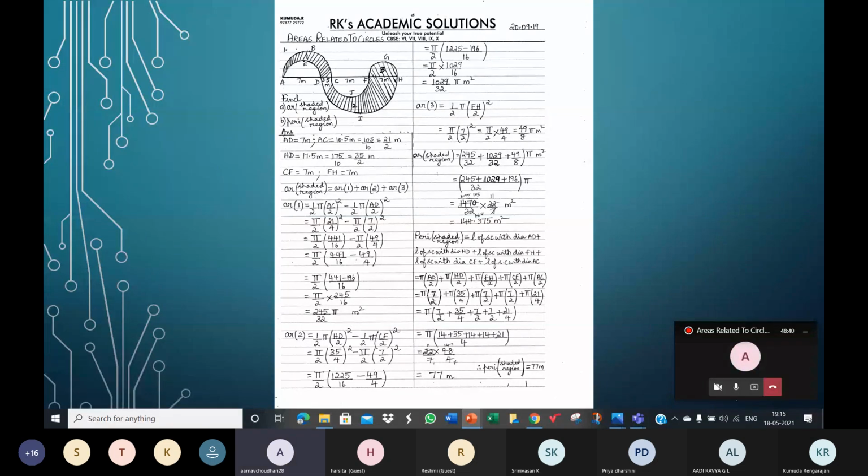Ma'am, I did the working in splitting method, like area of arc, separating arcs. Okay, you found this arc separately. You found this separately, is it? Yes, ma'am. I'll share the working. Yeah, good. That'll be better.